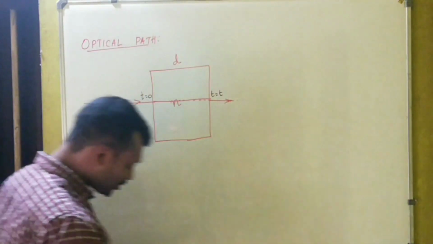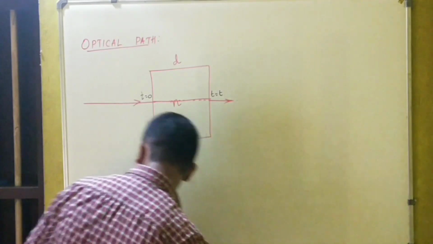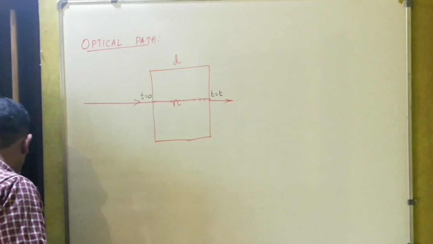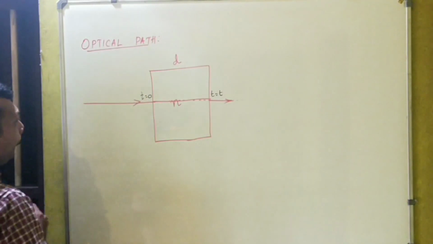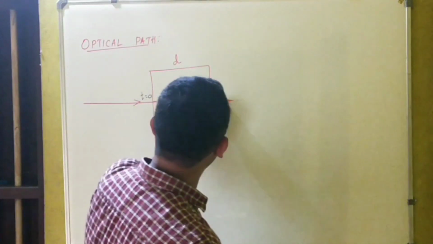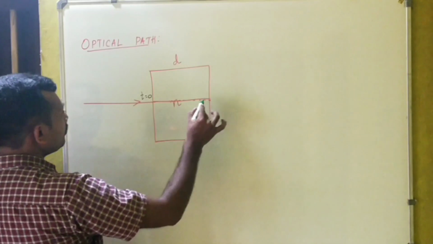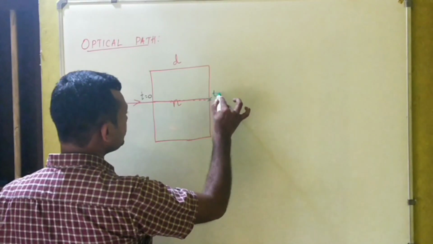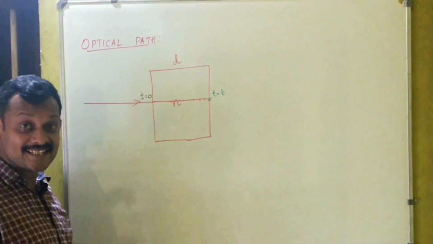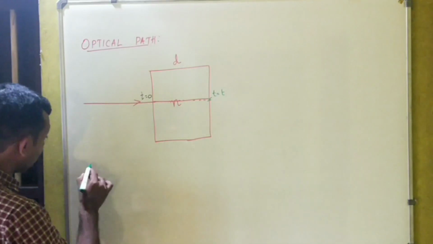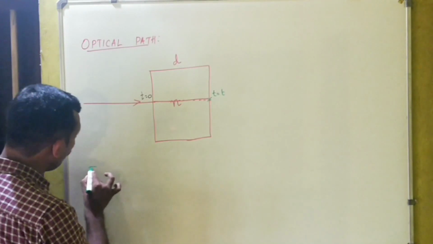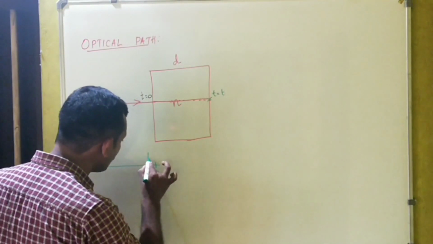This is one light that passes through the medium. The other light I am going to show with another color. So these two are parallel radiation, both reach here at T equal to 0.